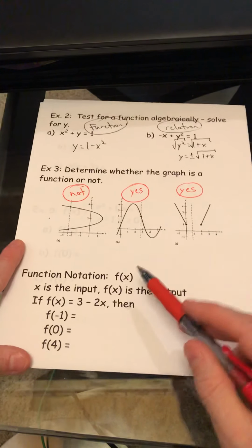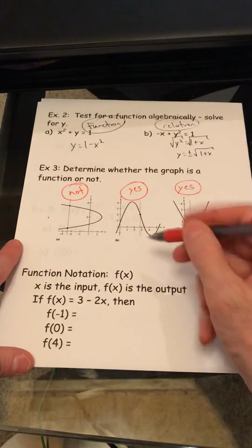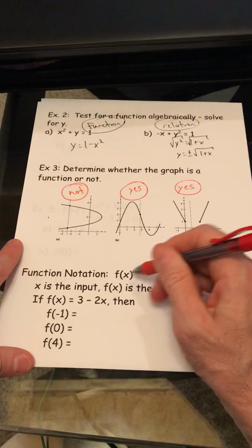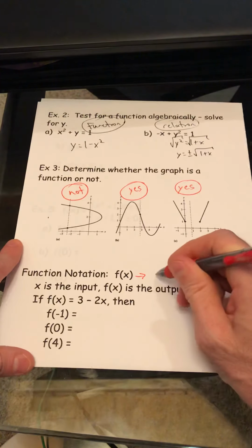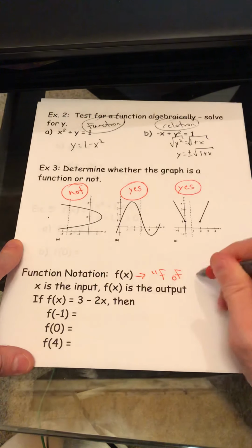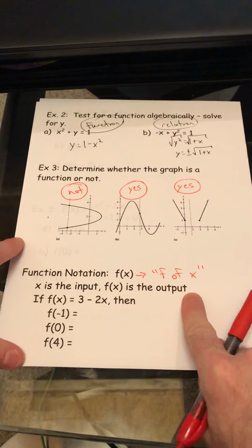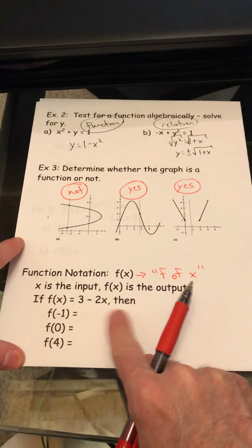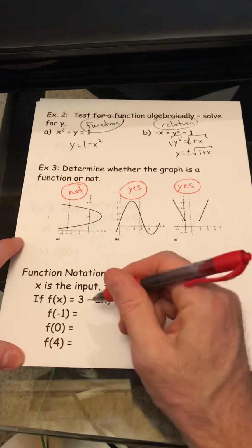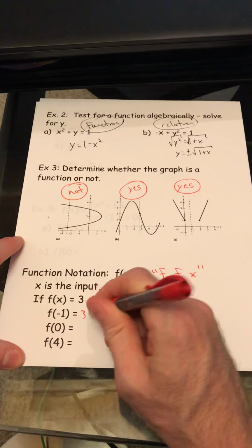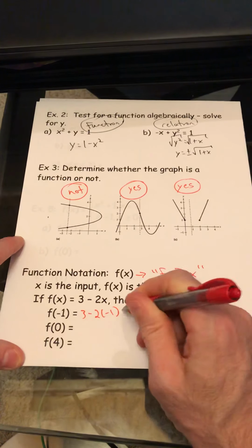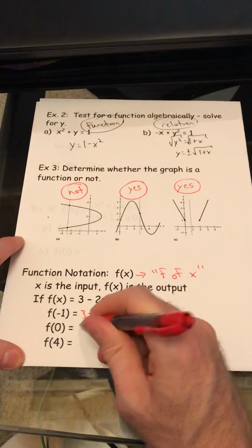As far as function notation, when you see f parentheses x, that is read as f of x. X is the input, f of x is your output. So if f of x is 3 minus 2x, then f of negative 1 is 3 minus 2 times negative 1, which is 5.